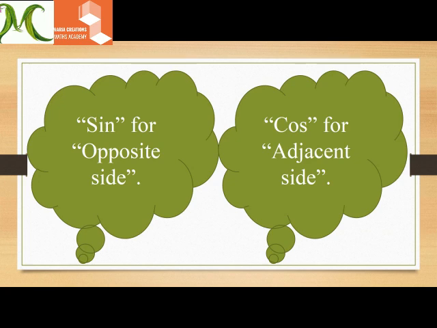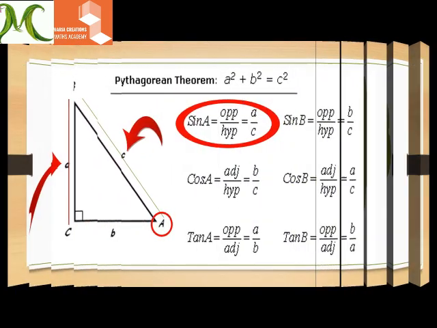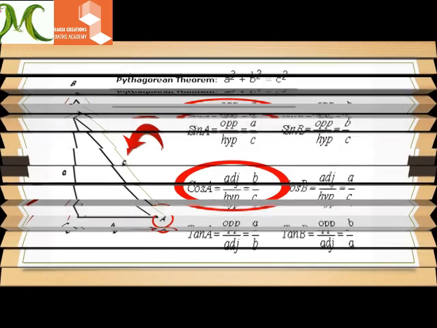We shall find the trigonometric ratios of angle A. Sin A is equal to opposite side by hypotenuse, that is equal to capital letter BC by capital letter AB, that is equal to small letter a by small letter c.